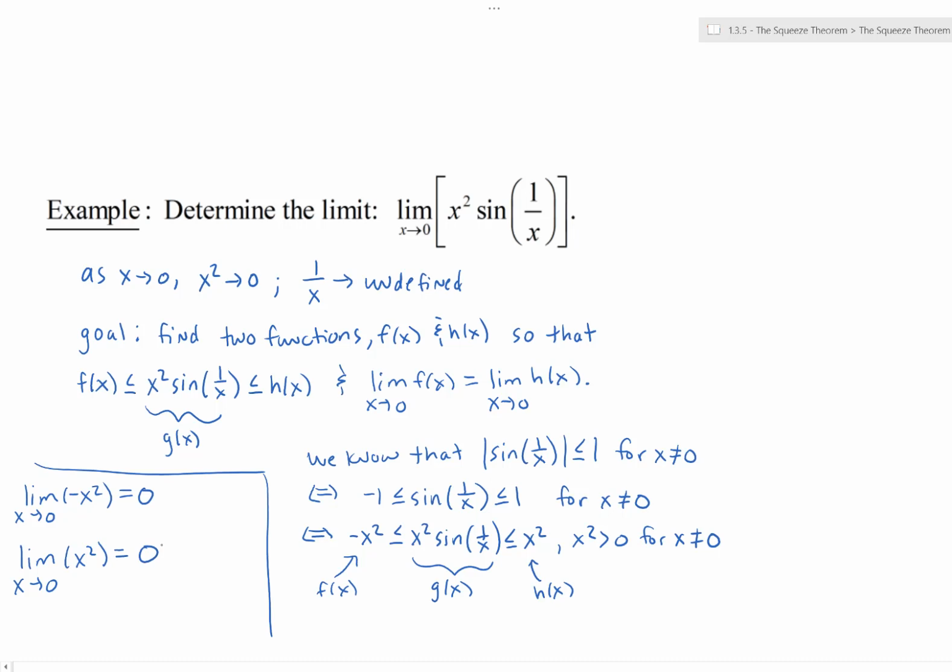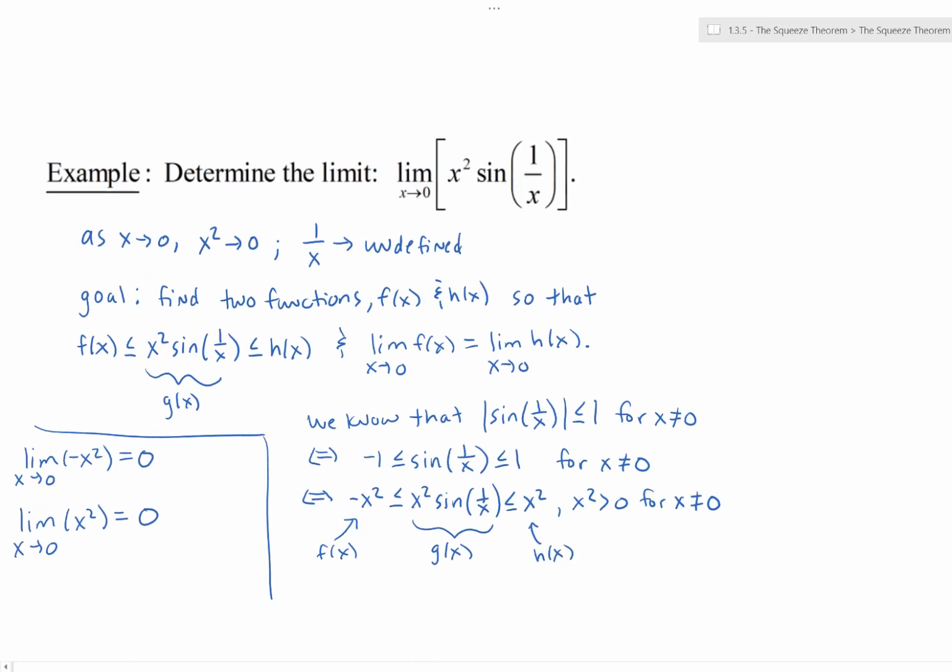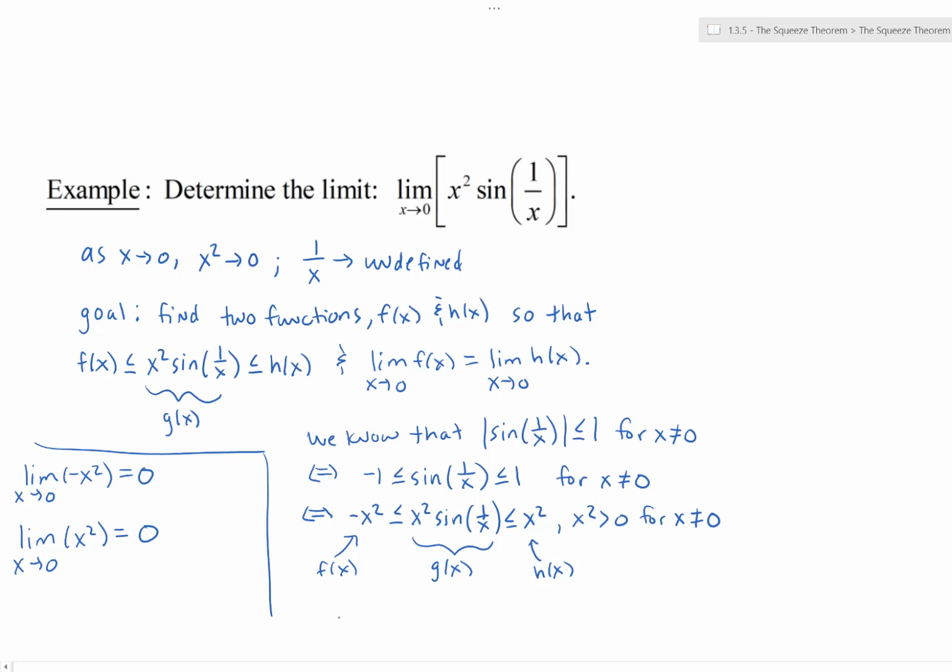And hence, by the Squeeze Theorem, it follows that the limit as x approaches 0 of x squared times sine of 1 over x has to also be 0, because all of the conditions of the Squeeze Theorem were satisfied, and that's the result.